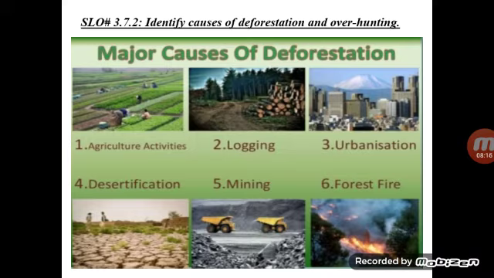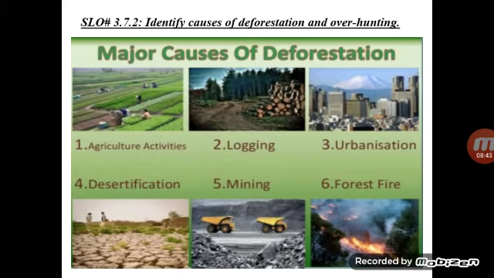The fourth cause is desertification. When, for different purposes, we cut down the forest, it may cause desertification, or we can say that due to desertification, deforestation also occurs.